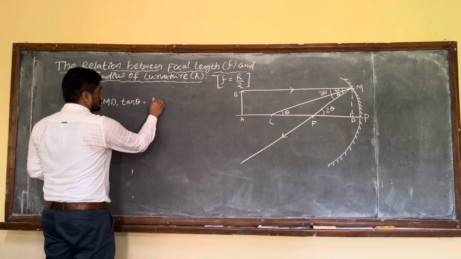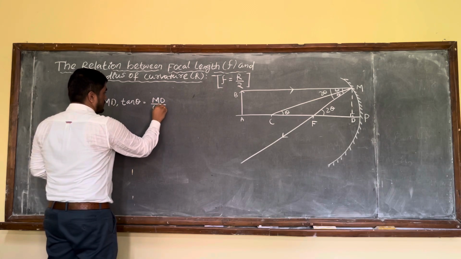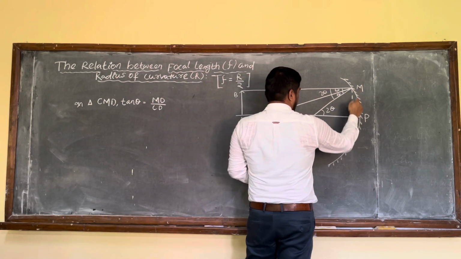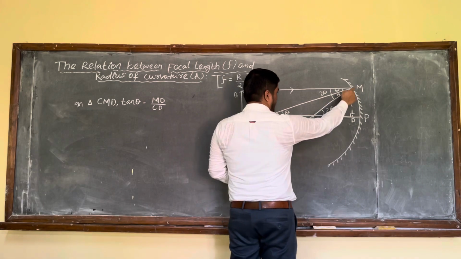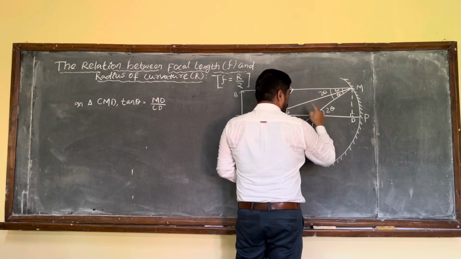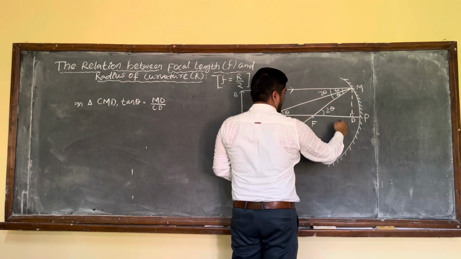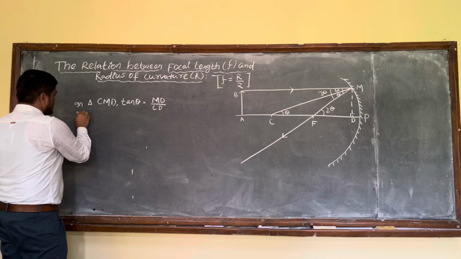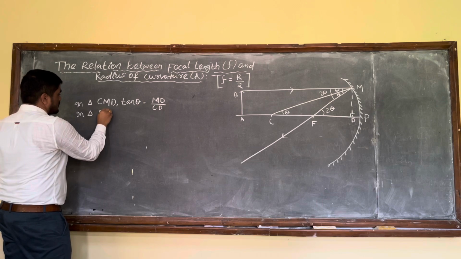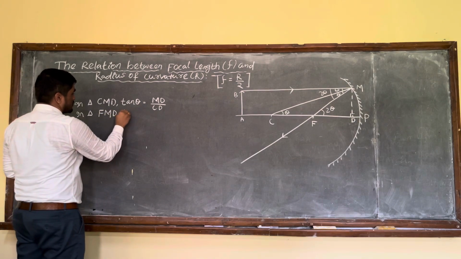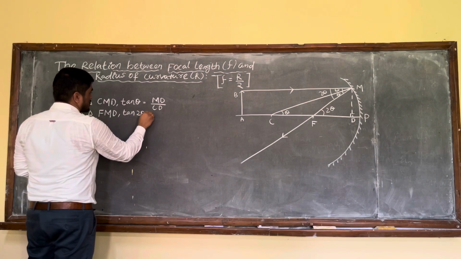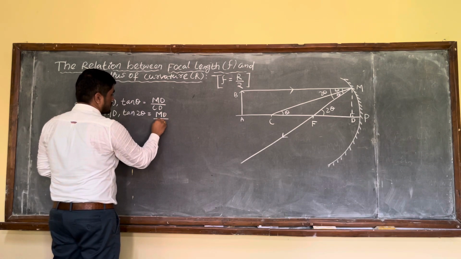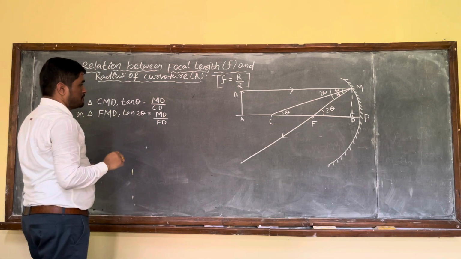And in triangle FMD, the value of tan 2 theta will be MD divided by FD.